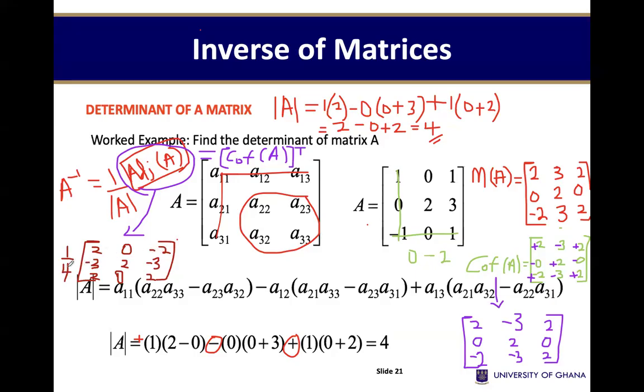This guy will be negative 3 over 4. This guy will be 1 over 2, because it's going to be 2 over 4. This guy is going to be negative 3 over 4. This guy, I think, is 2, from here. So that'll be 2 over 4. That'll be half. 0 over 4, that'll be 0. 2 over 4, that'll be half. That's it. So I'm done with the inverse for this particular example. Any question?